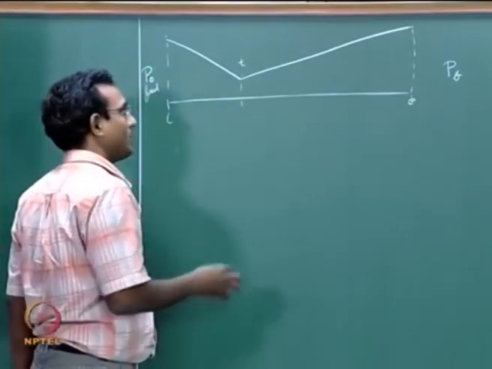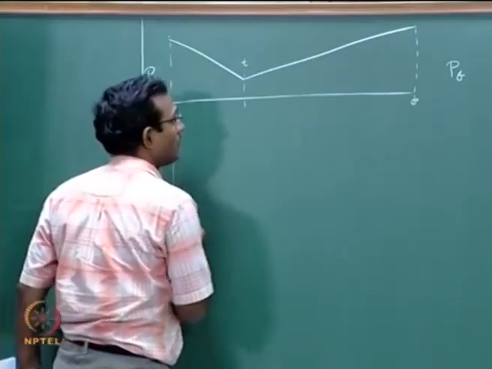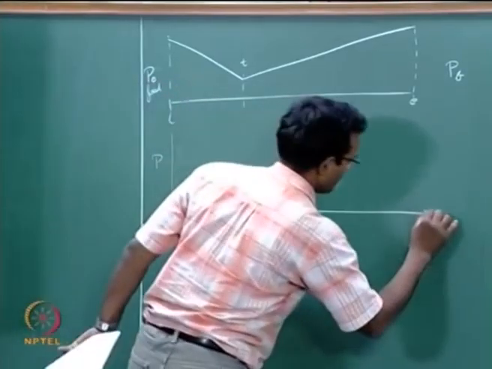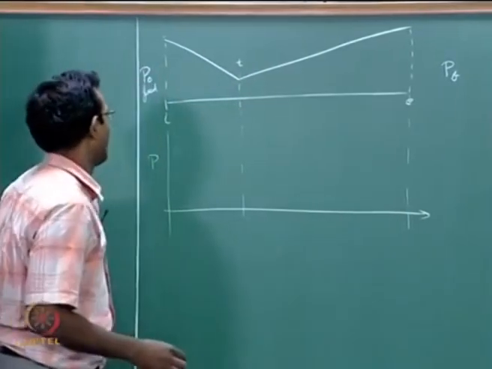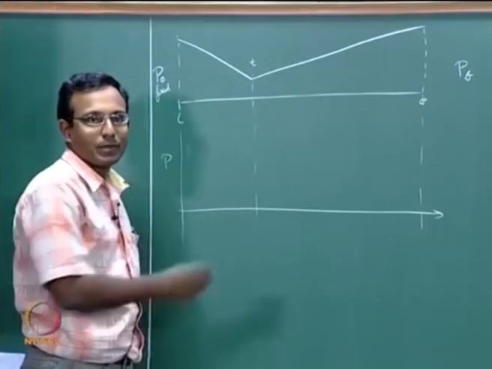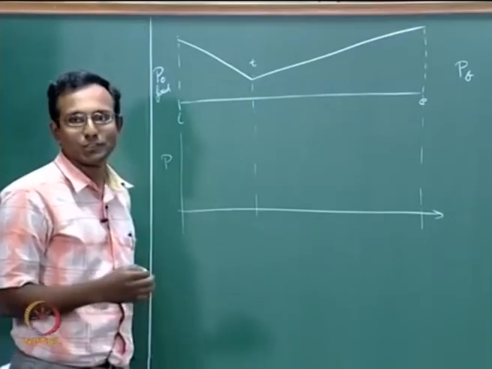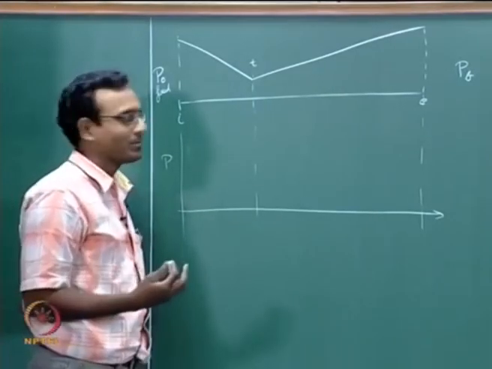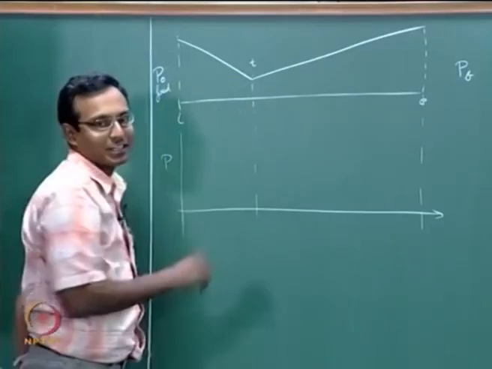Okay. And if I look at what happens to pressure as a function of distance, we know that from here to here the flow accelerates and P naught is maintained constant, at very low subsonic values. We can even think about it as Bernoulli's equation, and we can tell that when velocity increases, pressure decreases.